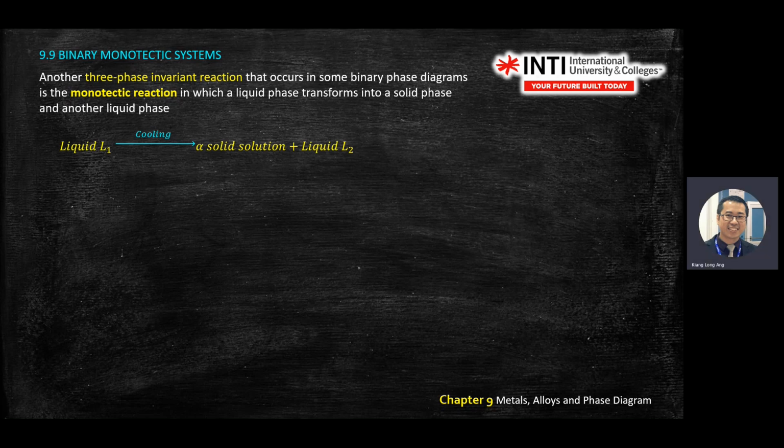We have introduced what is eutectic, what is peritectic. Now we introduce another one, called monotectic. For monotectic, liquid on the left-hand side, the right-hand side of the equation will be alpha plus liquid of another one, liquid L2. So you have alpha solid solution plus liquid solution on the right-hand side of the equation.